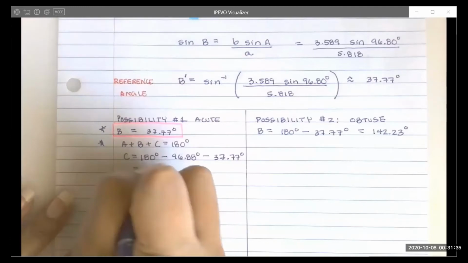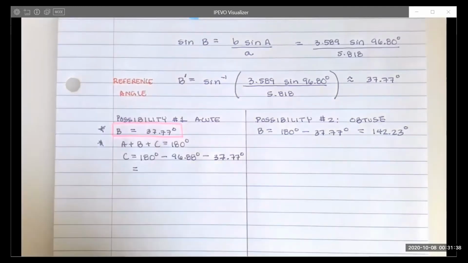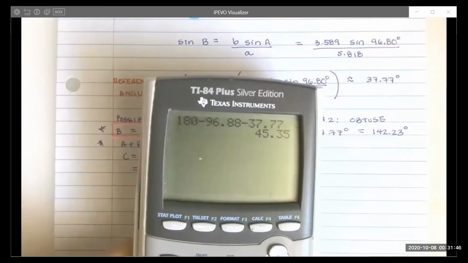So what does that give us? 180 minus 96.80 minus 37.77 is 45.35.